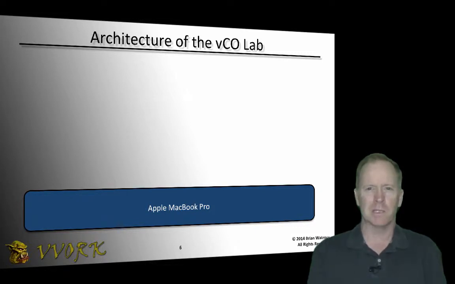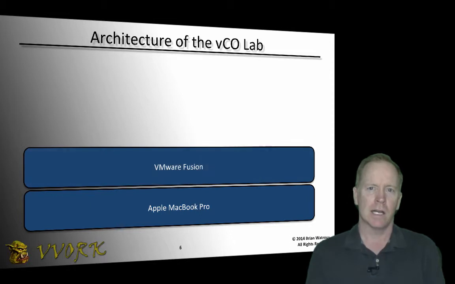Let's take a few moments to take a high-level overview of the architecture that we're building. As you can see, the hardware foundation is an Apple MacBook Pro. I'll give you more details about that MacBook in a few moments. On top of the MacBook Pro, I'm running VMware Fusion. Again, you could run VMware Workstation at this level, but in this video series we'll be using VMware Fusion.